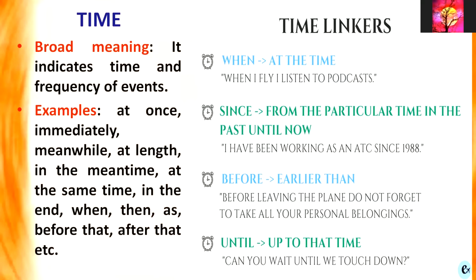When you use before, you will use it to show something which happened earlier than this point of time. When you are using until, you will use it to show something which has been happening till that particular point of time. So these are the different linking words which you can use to show the sense of time.